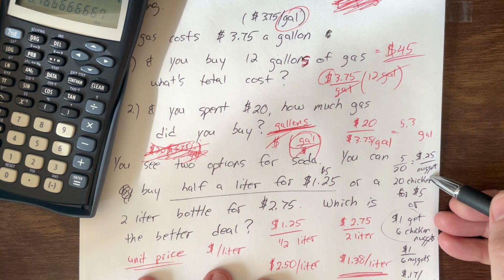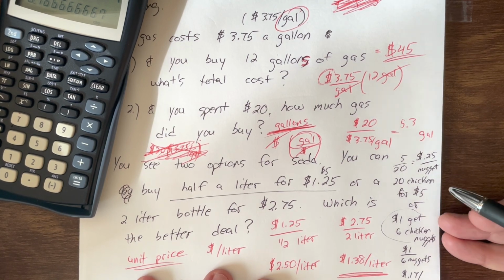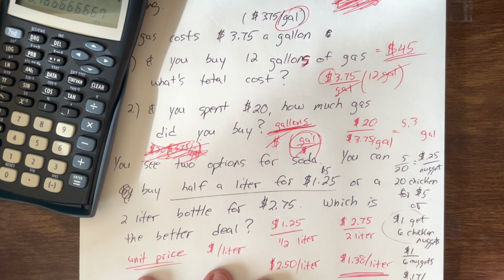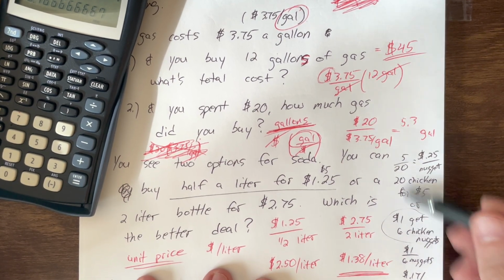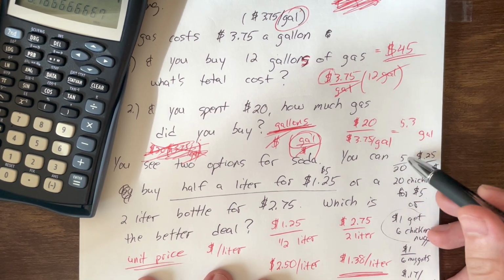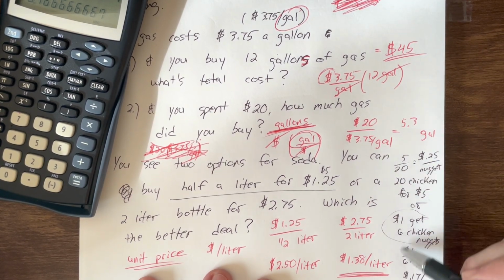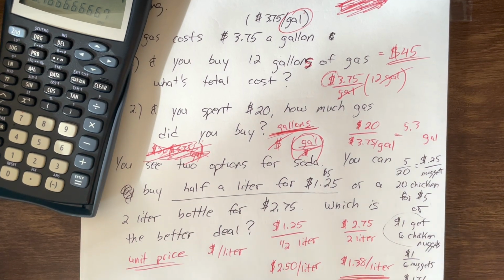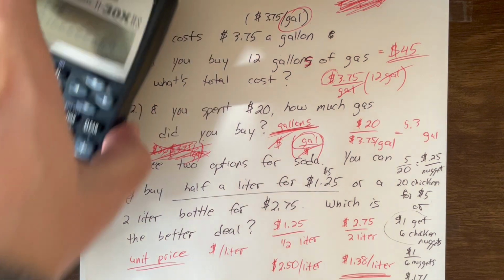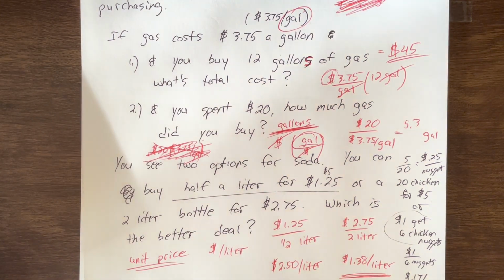Or similarly here, if for $2 I get 8 chicken nuggets, well, now nothing goes cleanly. It's not like I get $2 and $4 and $6. I don't get a perfect 5. I would have to work a lot harder to get an even playing field. But the unit price worked out very well.